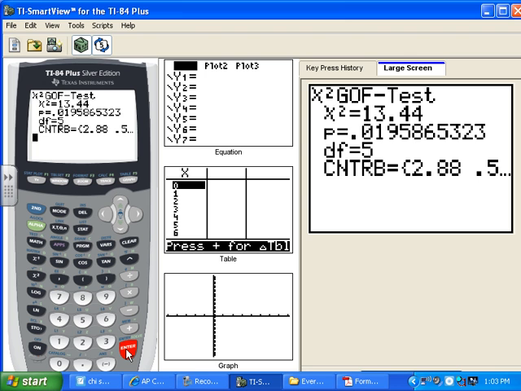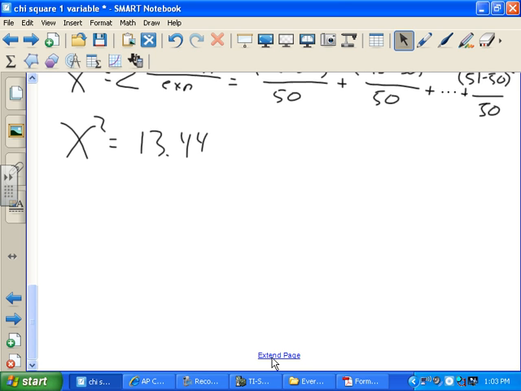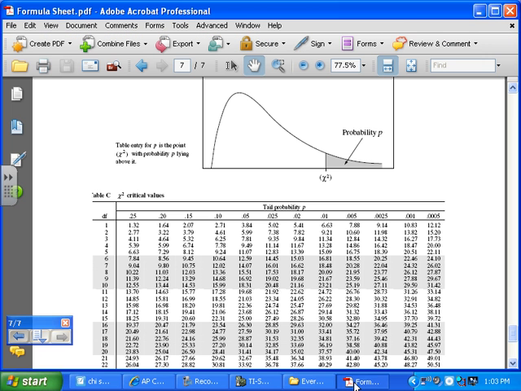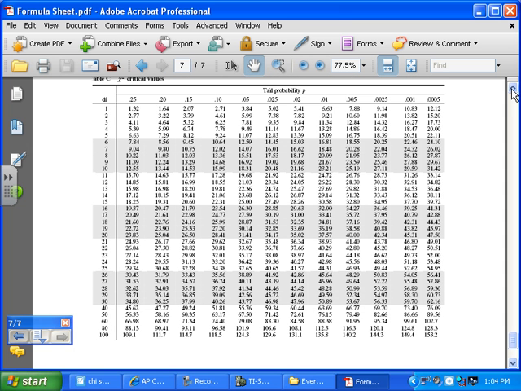Go to your formula sheet and look under 5 degrees of freedom. I'll pull it up right here. This is actually good general information for all of you guys. You're going to look under the row of 5 degrees of freedom for chi-square.